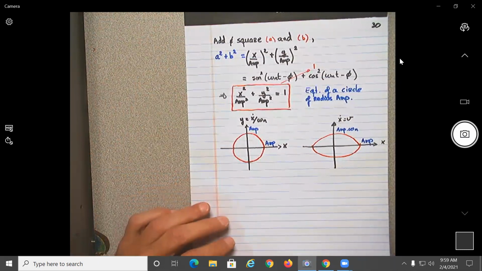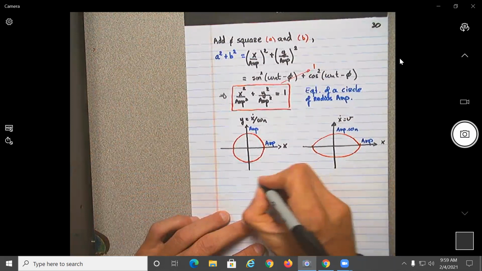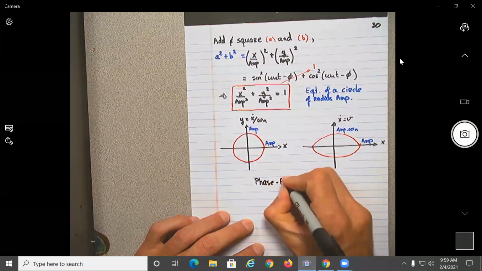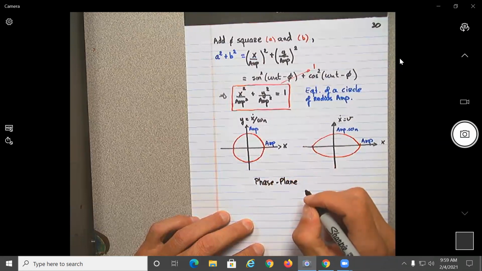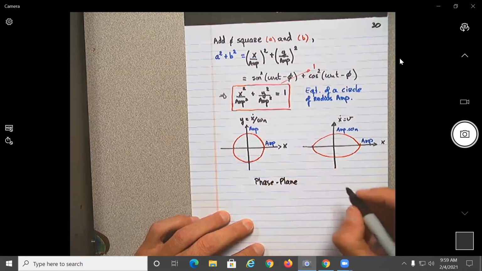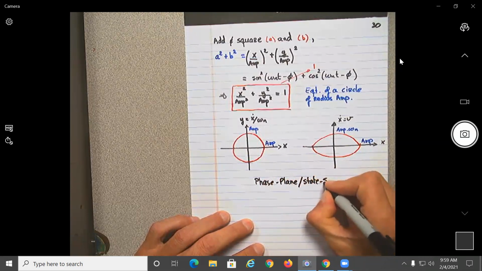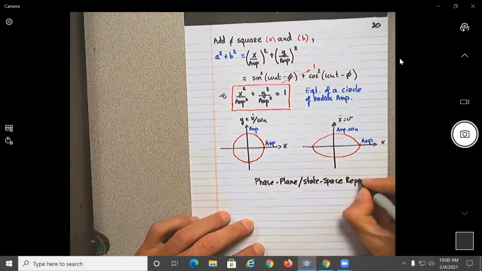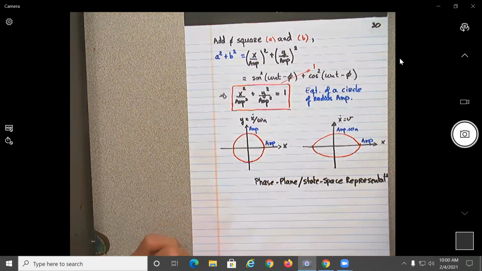Okay, this is what is known as the phase plane or state space representation.